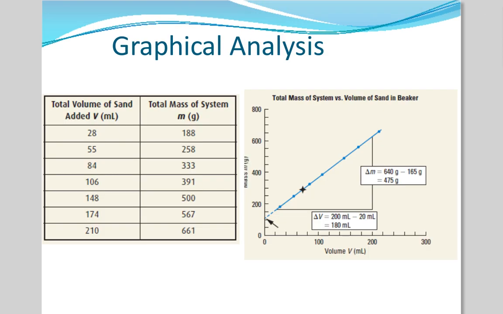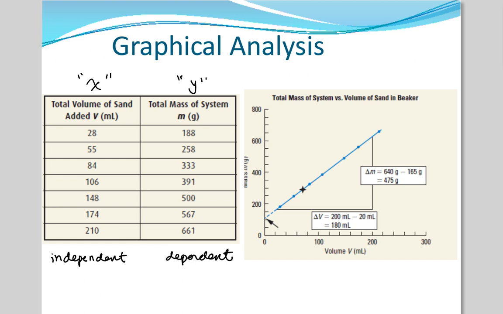So graphical analysis, this will occur from time to time throughout the year. Most often you will have an independent and a dependent variable given to you. In math it would be like input output.